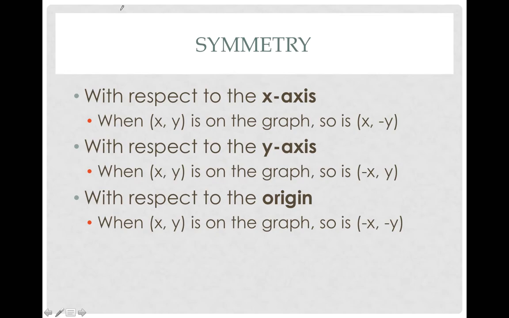And that would be something like this, where if you looked at that point, let's say it goes through the point 0, 0, if the point x comma y is on the graph, so is the point opposite of x, opposite of y on the graph.